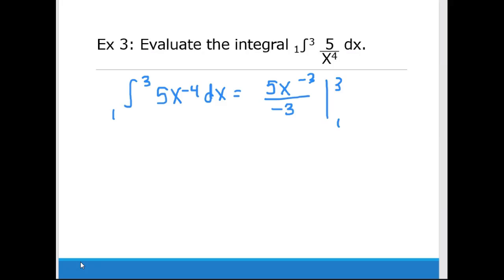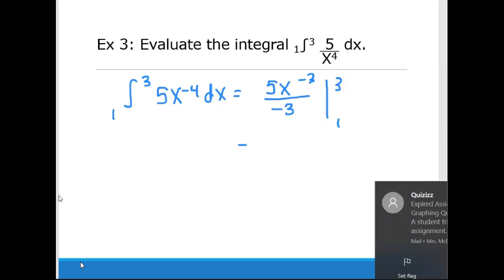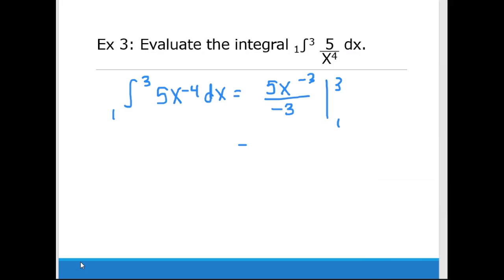So we have 5x to the negative 3 over negative 3 from 3 to 1. And then you plug it in. So you have 5 over negative 3, 3 cubed, minus 5 over negative 3, 1 cubed. So 3 cubed is 27. 27 times 3 is 81. So you get negative 5 over 81.